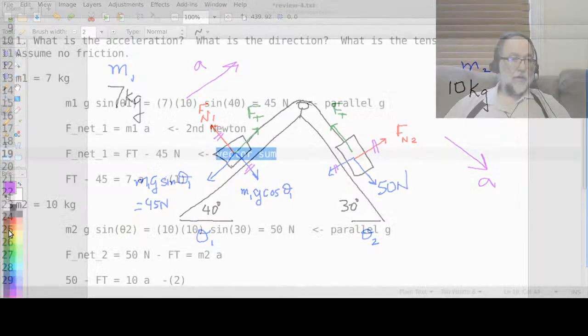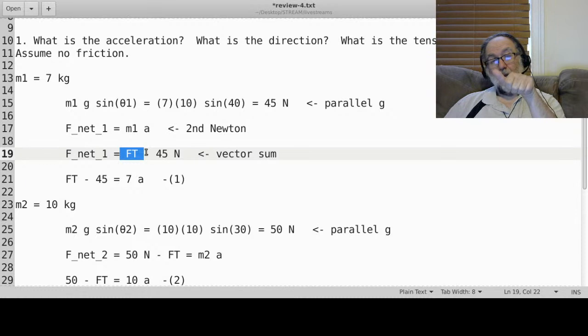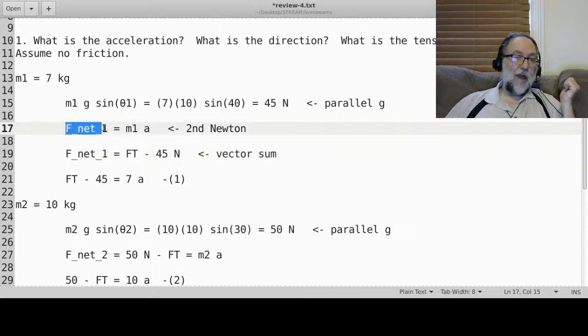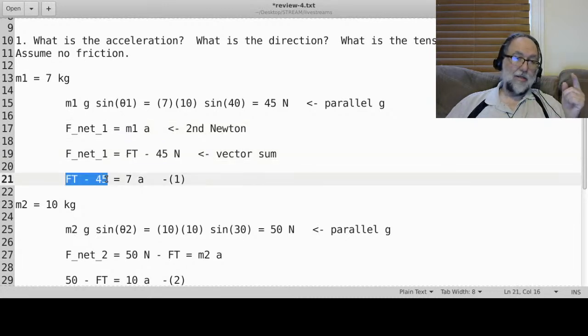Okay, so for the vector sum to get F net, it's going to be Ft, which is trying to pull it uphill and is winning, minus the 45, which is trying to pull it downhill. Okay, and so great. F net for number one, we can now write as Ft minus 45, and there it is. So this is F net, but now written in terms of the sum of the forces.